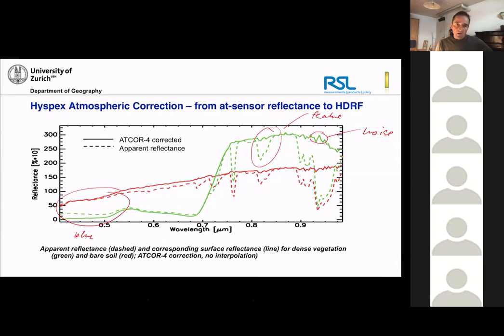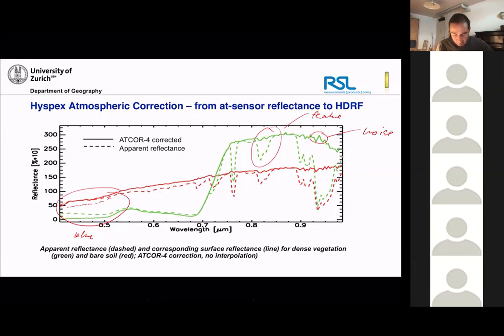Here it was 5 to 10% reflectance, where you hardly see an effect of the atmospheric correction. There's a little bit of an effect, because I guess that one would have been down here originally. They're approaching each other a little bit, so it has been reduced a little bit by aerosol scattering.